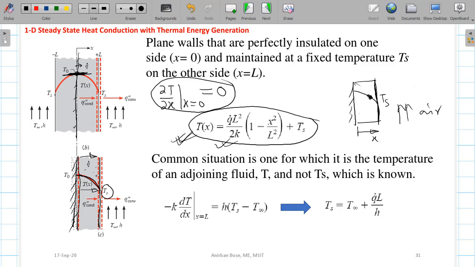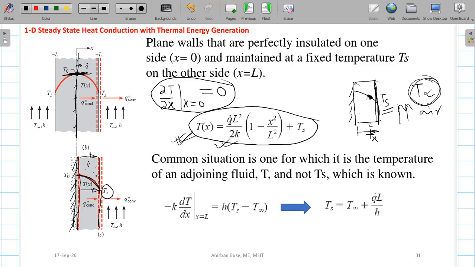If the temperature of the air is known as T infinity, then we have to find out the temperature at any intermediate point. If this is the situation, definitely we have to find a relationship between the surface temperature and the air temperature.